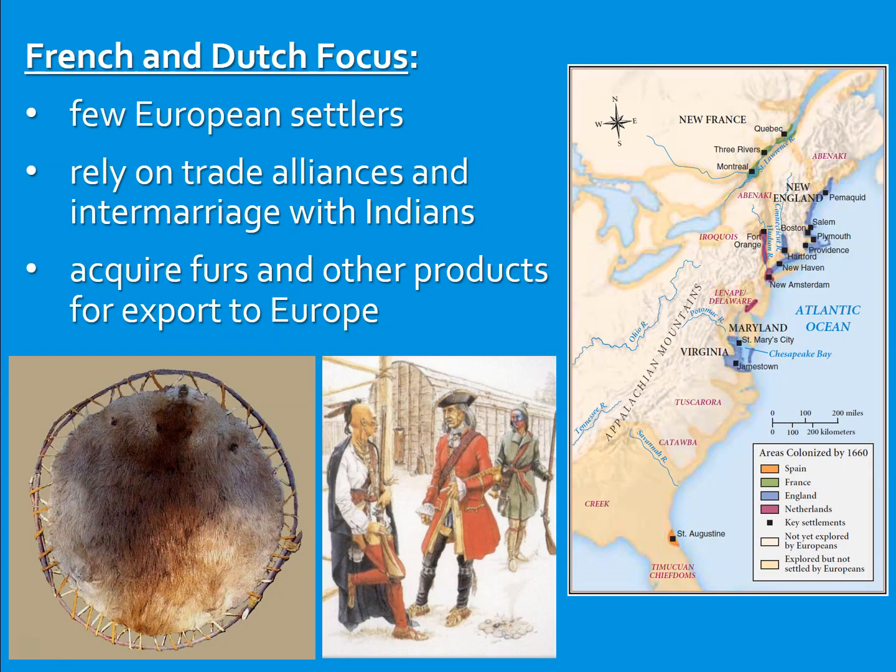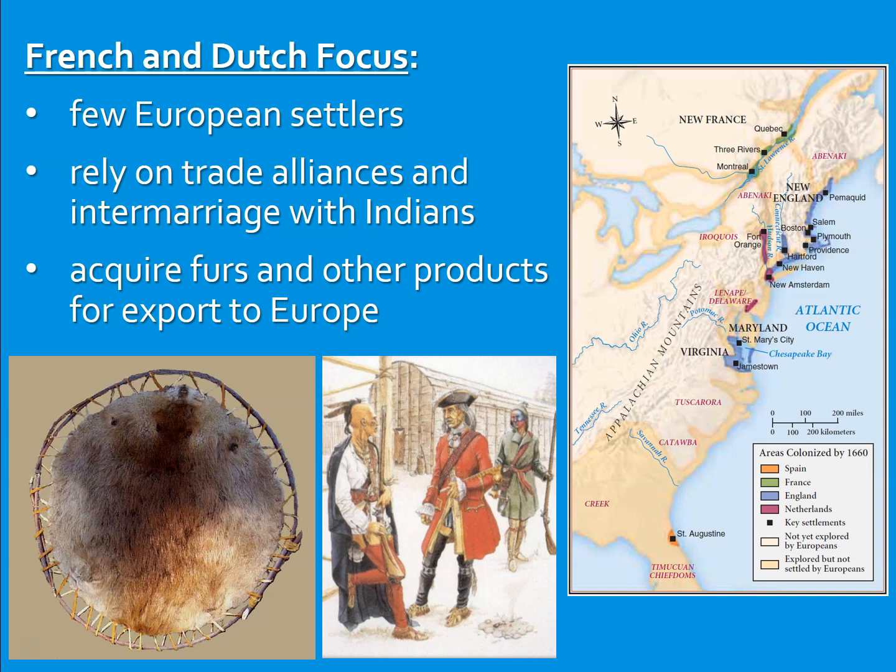Now, for the French and Dutch, we're going to combine those two because their stories are pretty similar in the sense that, unlike the Spanish, who are going to send over a fair number of settlers, the French and Dutch really did not.